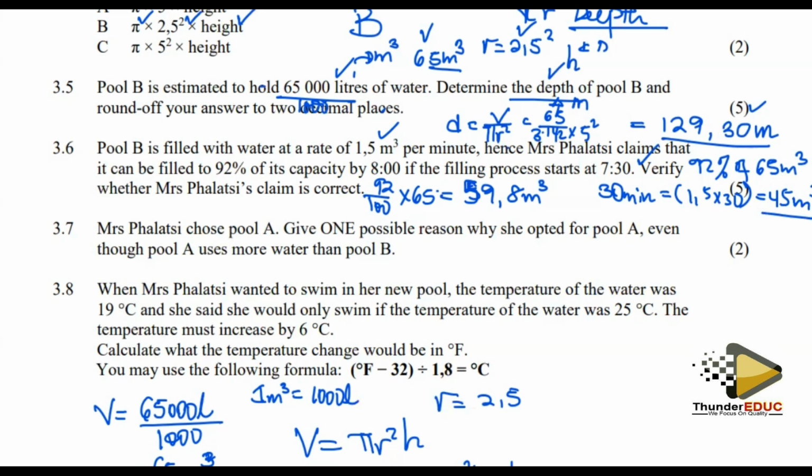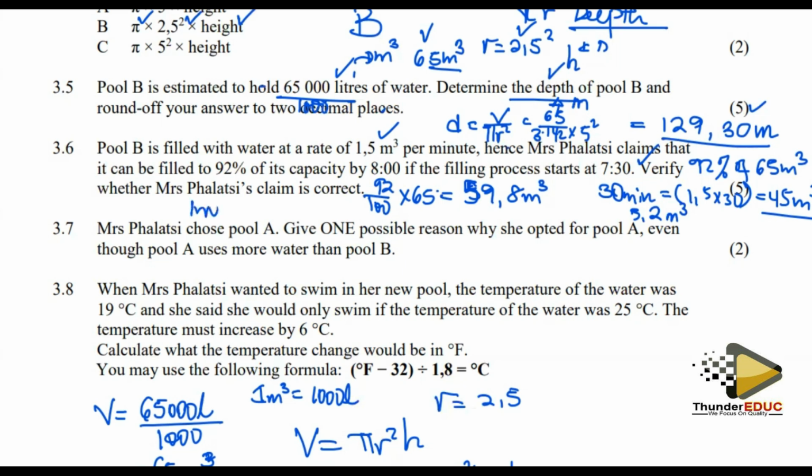Because it takes up 65, we shall say 65 minus 59,8. So we are remaining with 5,2 meters cubed. So 30 minutes will be too long.